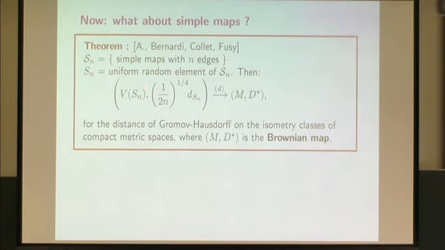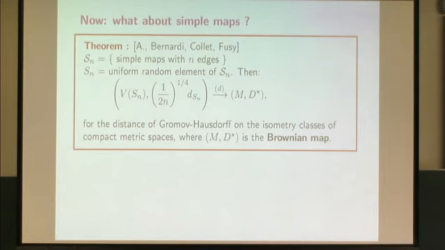So the set of vertices, and we have the distance, and forget about the 2 here, but we have the same scaling n to the 1/4 as we always have when we study maps. And seen as a metric space with the distance rescaled, this object converges for the Gromov-Hausdorff distance to the Brownian map in distribution.